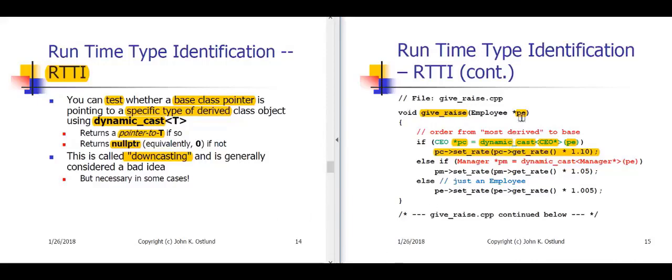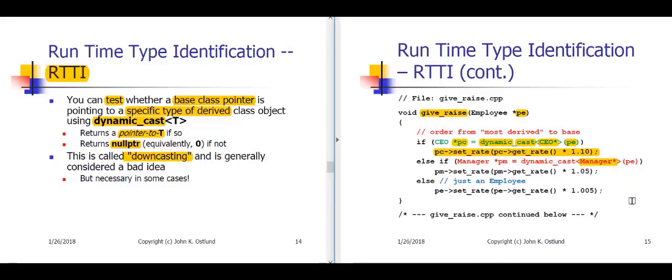Alright, let's suppose that over on slide 15 we get a pointer to an employee passed into giveRaise. We attempt to do a dynamic cast of that pointer to CEO, but this time what that pointer is pointing to is not a CEO. So that's going to fail and give us a null pointer, and we drop down to the next if. Here we have an if that fails, so we're going to say else if, and here we're going to test whether that employee pointer is really pointing at a manager.